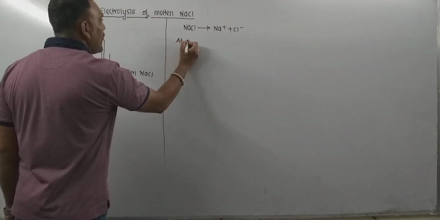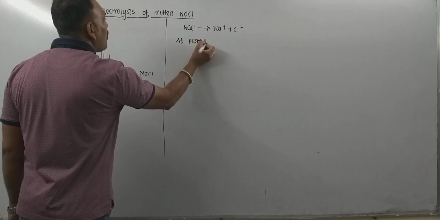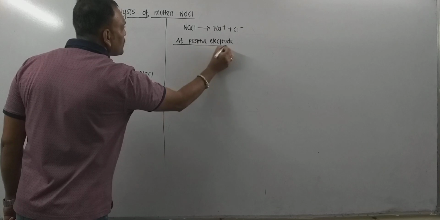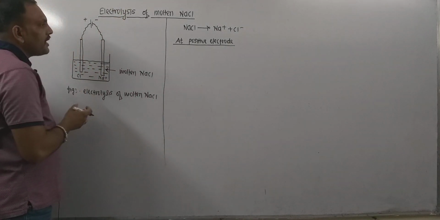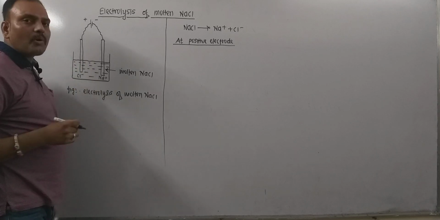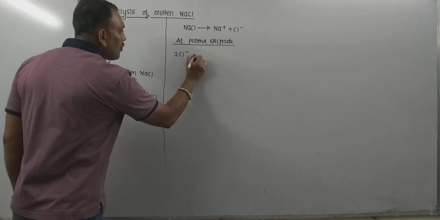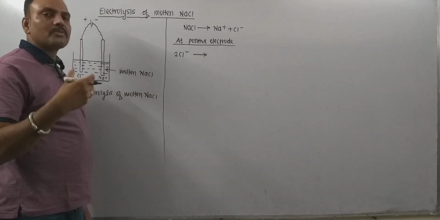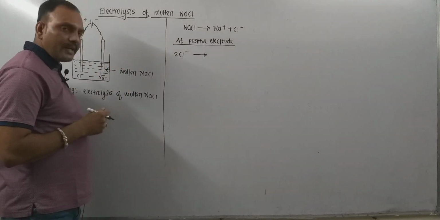So first of all, at the positive electrode, we already discussed that the Cl- ions, that is negative ions, get attracted towards the positively charged electrode. By reaching that electrode, these chloride ions undergo oxidation. Remember, oxidation is the loss of electrons.